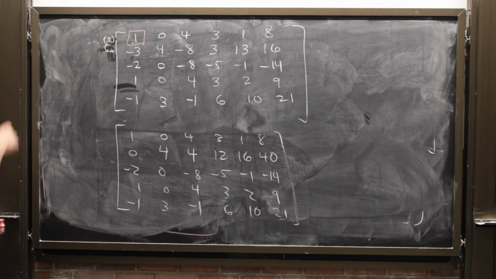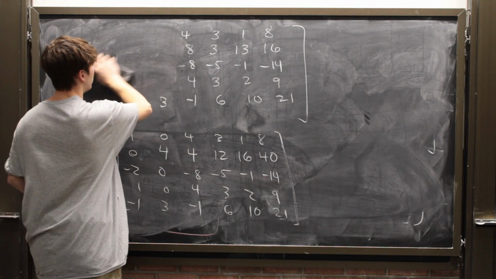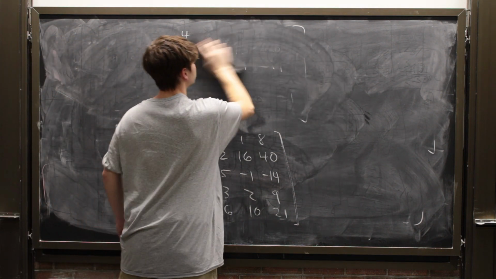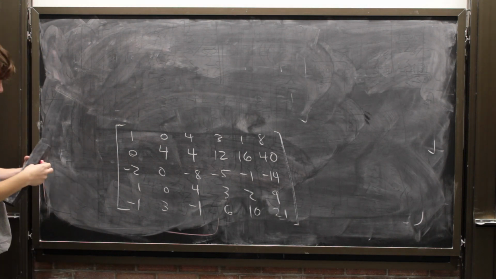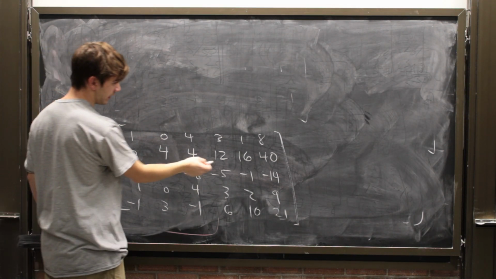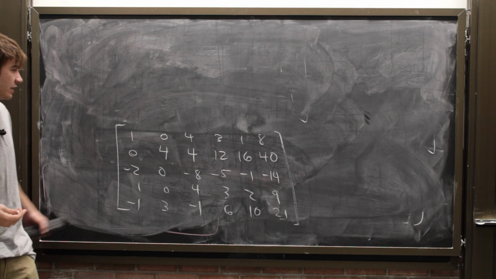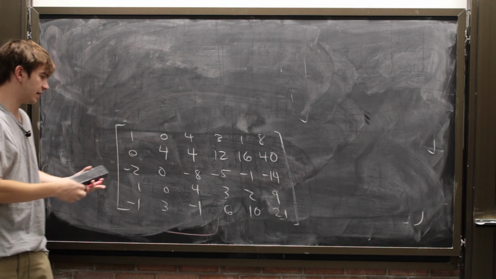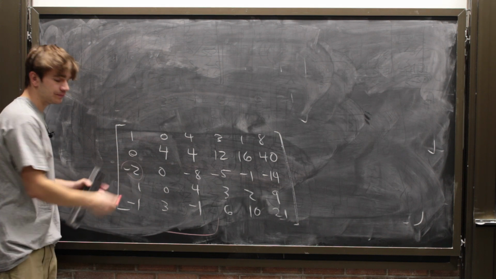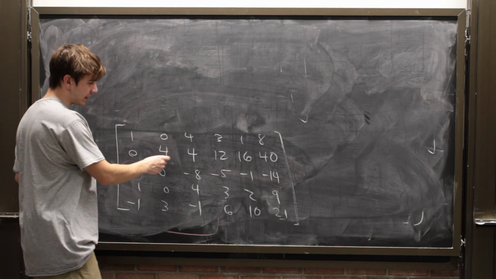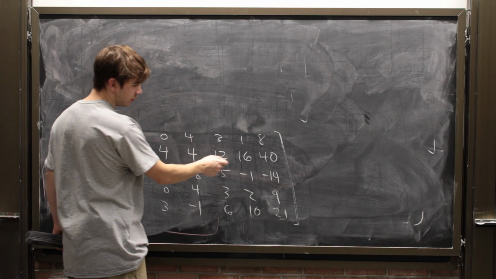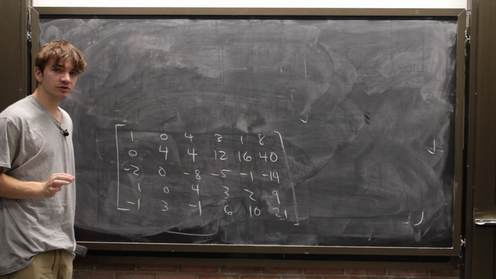Okay. So we're here. Now, let's look at this row. It's kind of growing. I want to make sure that my numbers don't get too big. I could just move on, and the next step would be to destroy this 2, right? But I noticed that I got a row where everything is a multiple of 4.